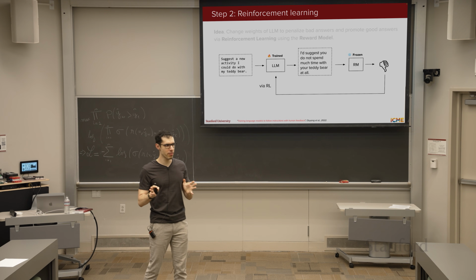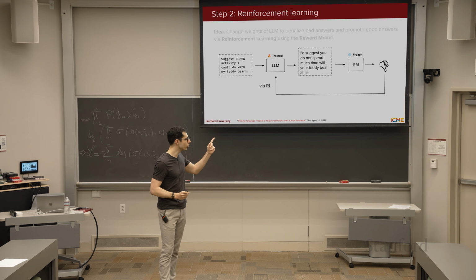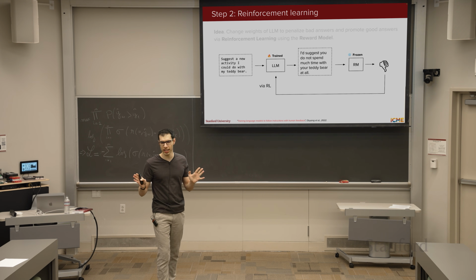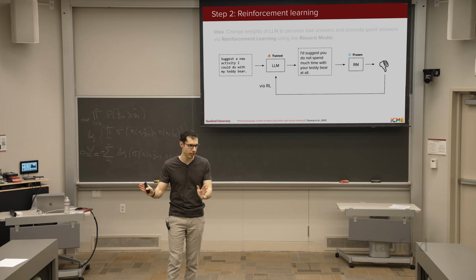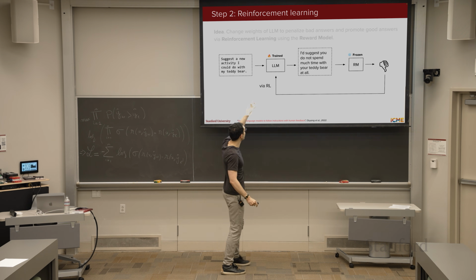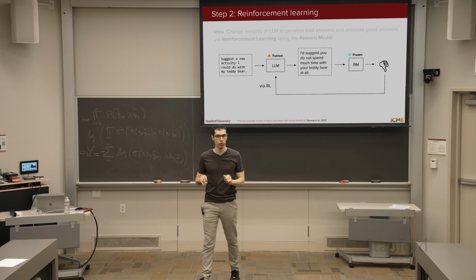Just as a reminder, the reward model is the model that we trained in step 1, and it is frozen. We're not training the reward model. The reward model has been trained. The model that we're training is the LLM. I think that's an important point to note.